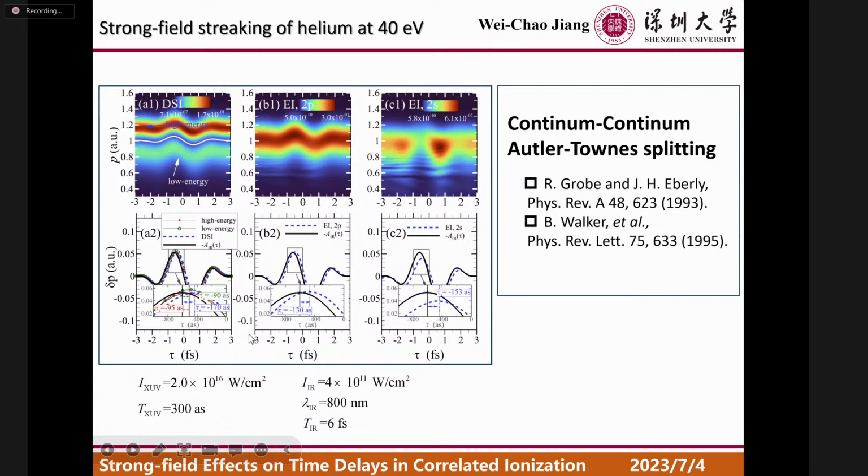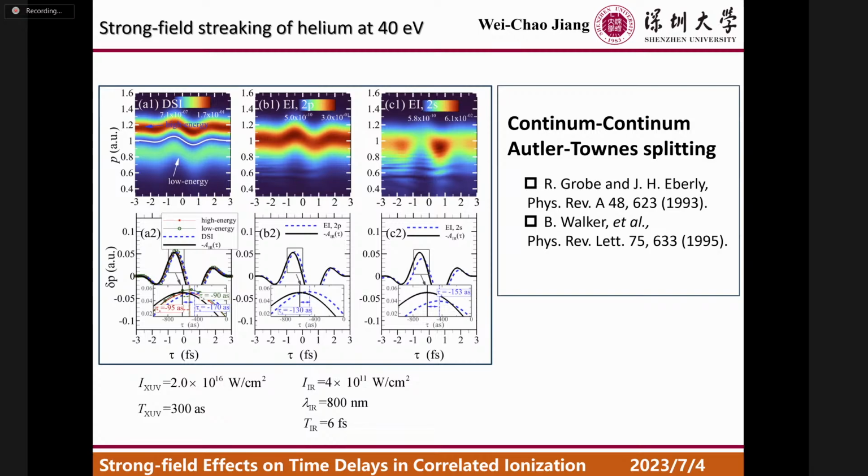Currently we have increased the laser intensity to 2 × 10^16 watt per centimeter square. At such large laser intensities, the signal of the ER channel is actually larger than the signal from the DSI channel, which means that the strong field effect really evolves.